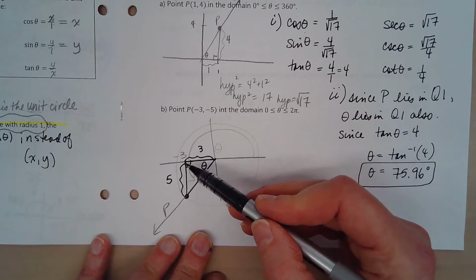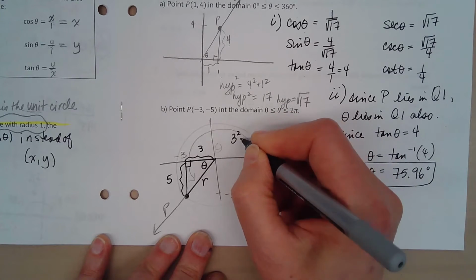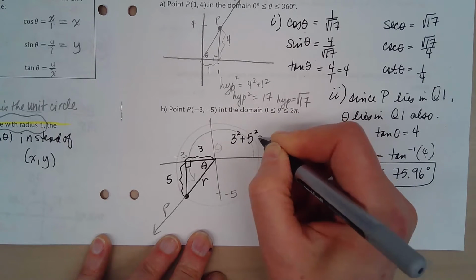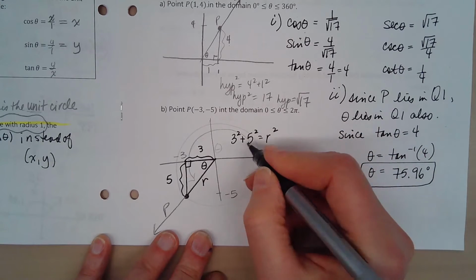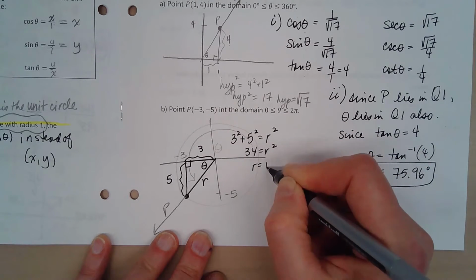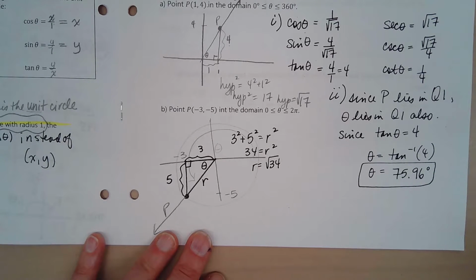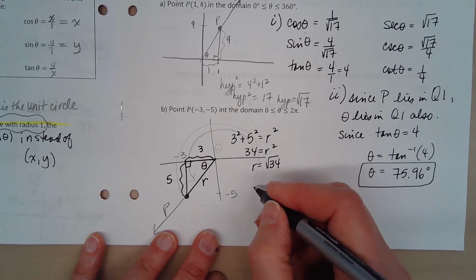So 3 squared plus 5 squared equals r squared, right? I think 34 equals r squared. Yeah? Okay, so here we go.